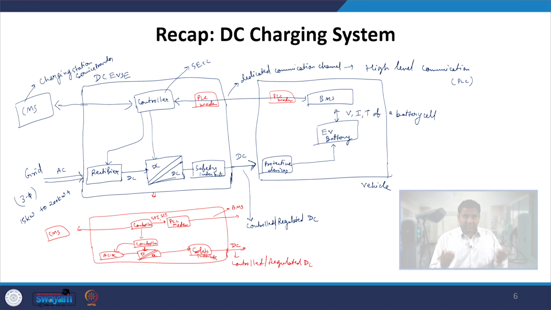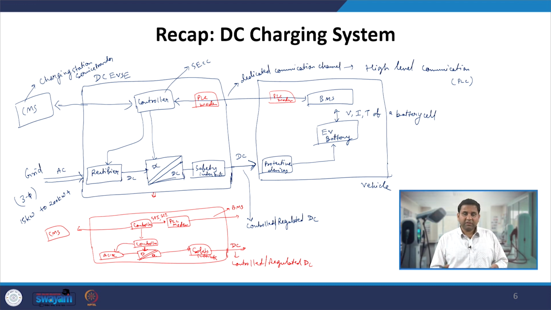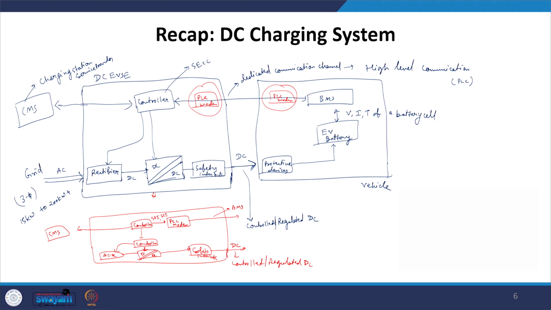However, for CCS, in order to ensure we have the CCS2 charging system, we must have a PLC modem at the front end on both the EV side and the EVSE side. The supply equipment communication controller will send information to the PLC modem, and the PLC modem will follow a certain standard and superimpose those high frequency signals on the low frequency signal of 1 kilohertz on the CP line, and send it to the EV side.